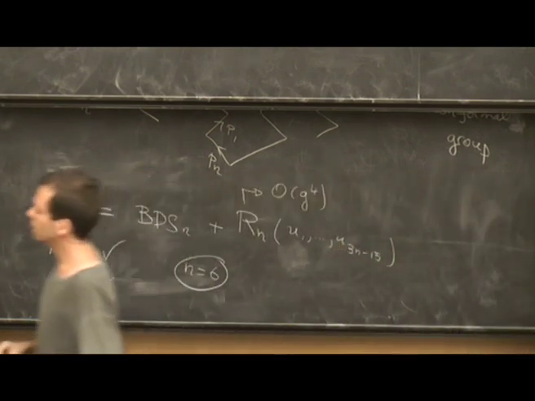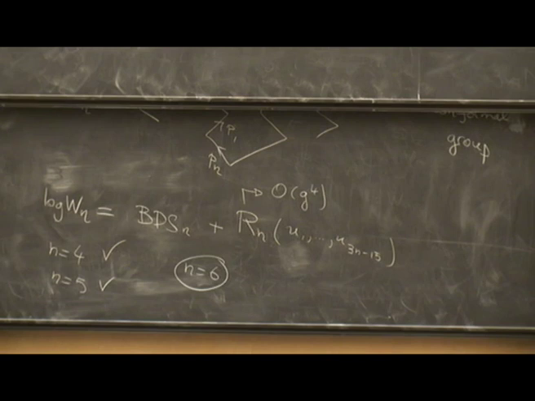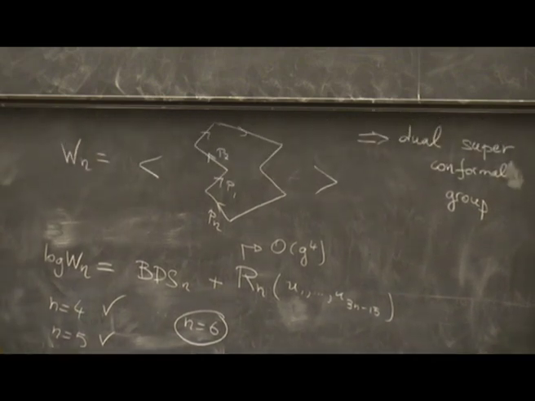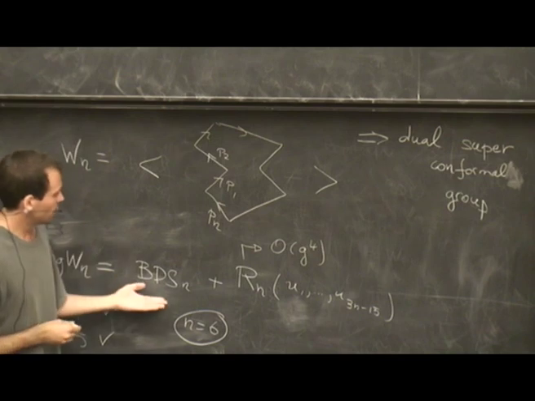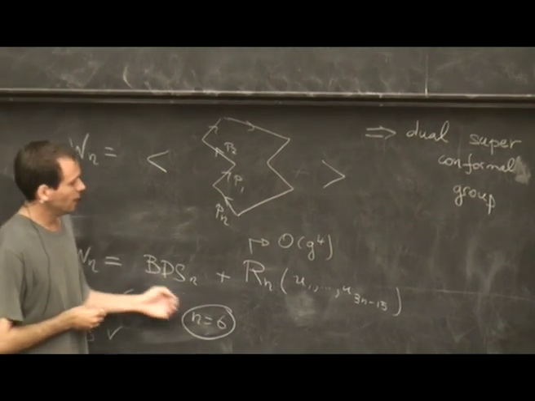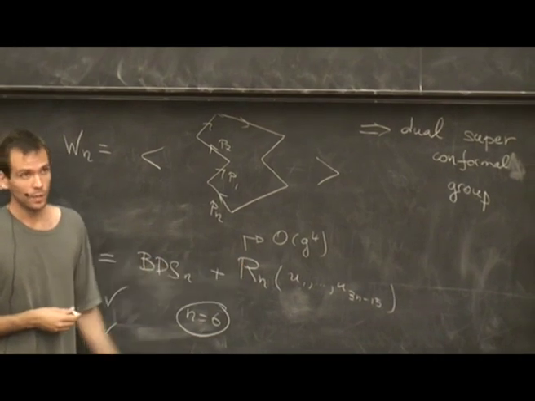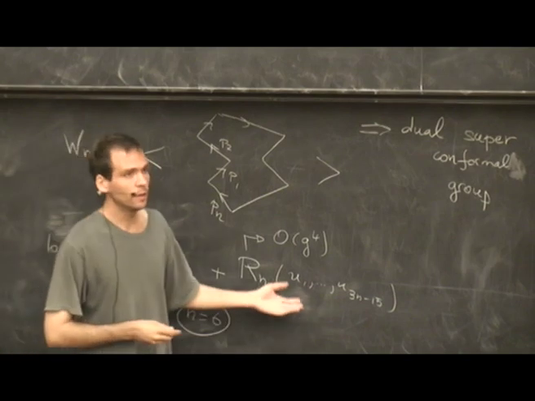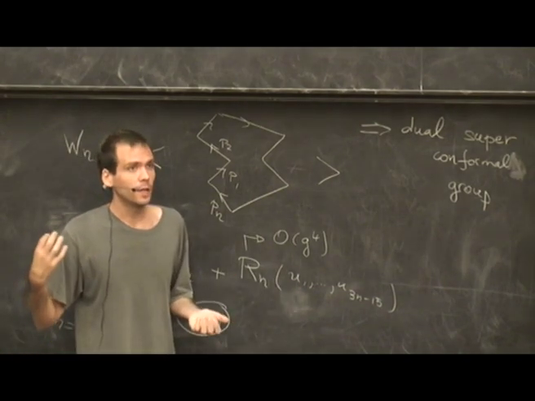So I hope at least, perhaps it's a bit too technical, that you can appreciate the kind of improvement, starting from the very beginning, where we knew almost nothing except that there is a bosonic quantity that can depend on all Mandelstam invariants, and besides it has some infrared divergences. So here we solved the problem of the divergences through BDS, and we also understand that the finite part of the result, the piece that we now care about, is not some random function of all the possible Mandelstam invariants that I can form.